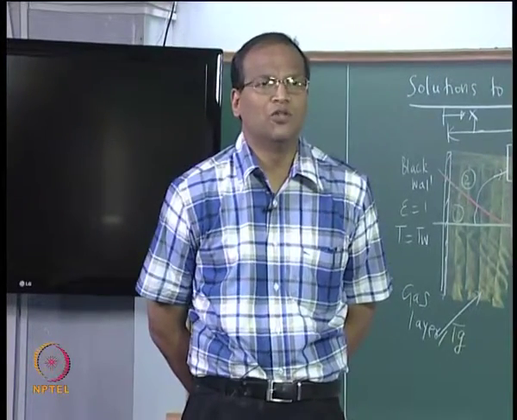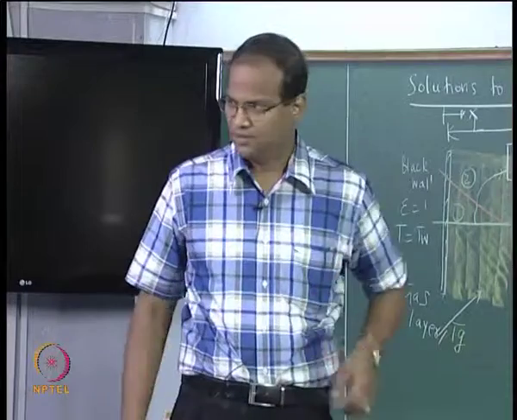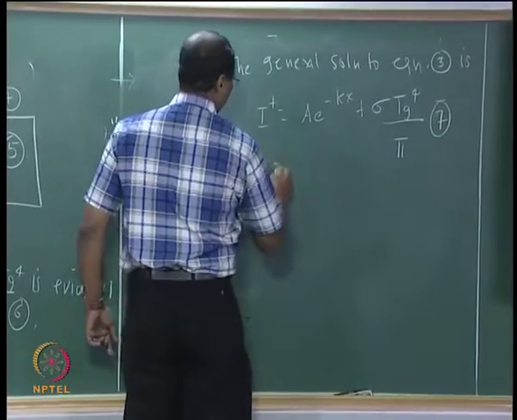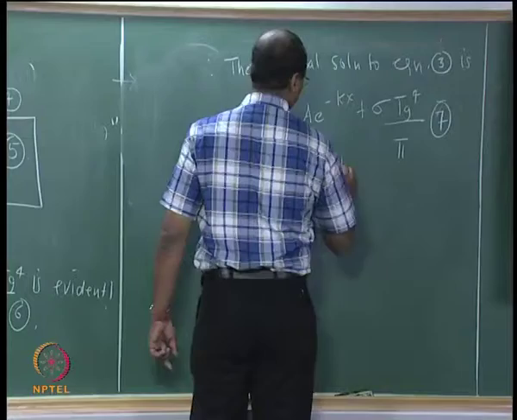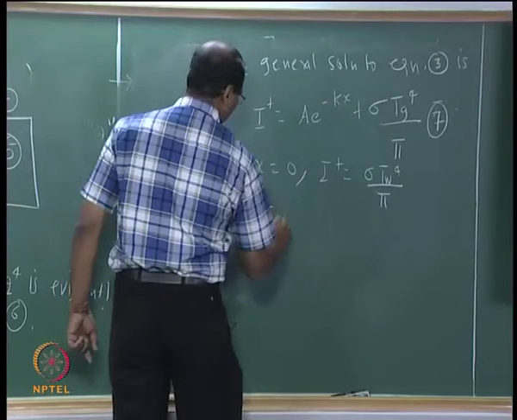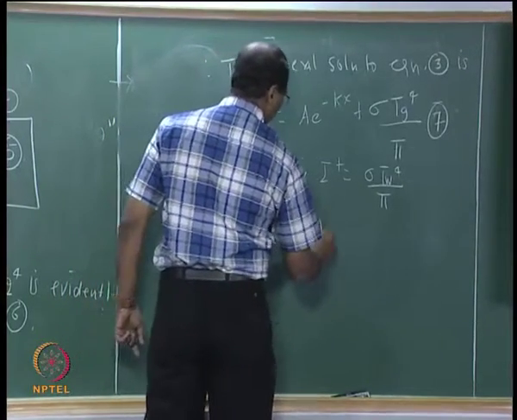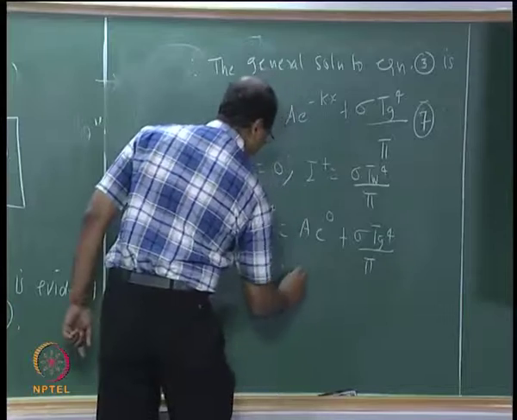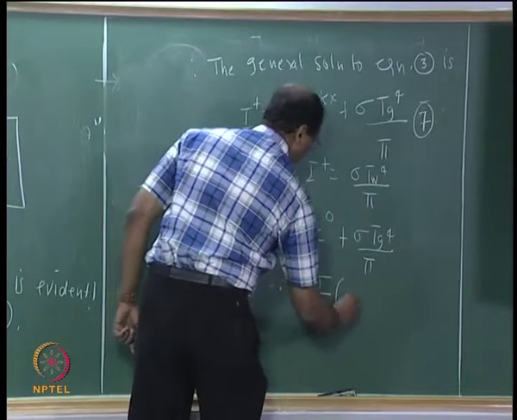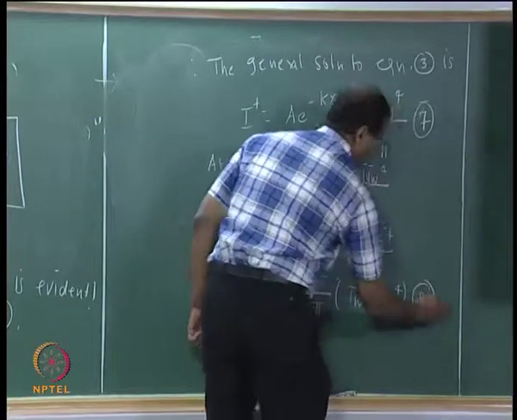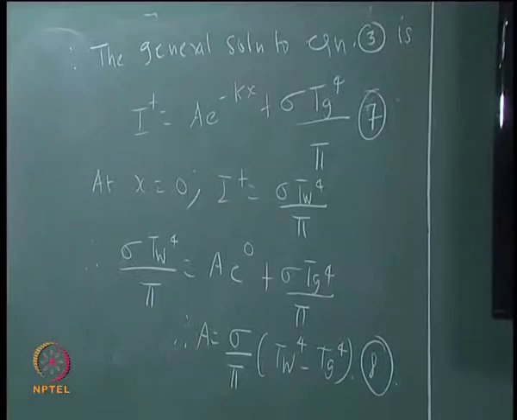What is happening to sigma Tw to the power of 4 by pi as it goes through the gas layer. Okay. So at x equal to 0, okay.